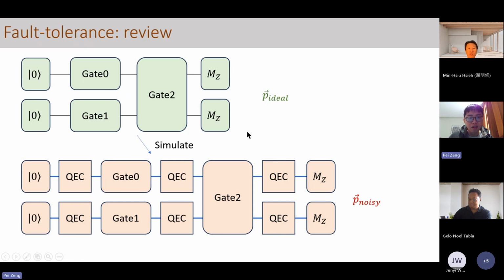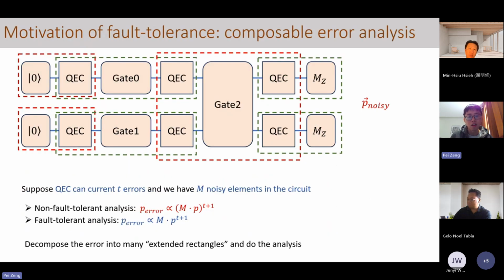To this end, usually people decompose this noisy circuit into many blocks, for each red rectangle, this dashed box, or green dashed box. These boxes are components of the noisy fault-tolerant circuit. Sorry, this is a typo. Suppose QEC can correct T errors.